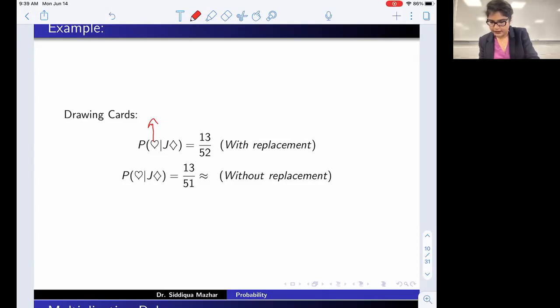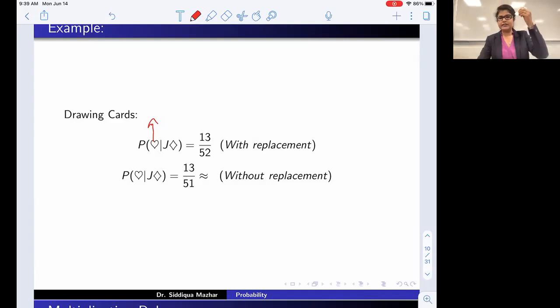It's hard to look for. Yeah, this one. So this is called the jack of hearts, and I have it here. So the question is the probability of finding a heart card, given that we found the jack of hearts, which is only one in that, with replacement.